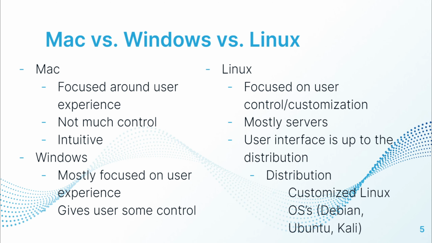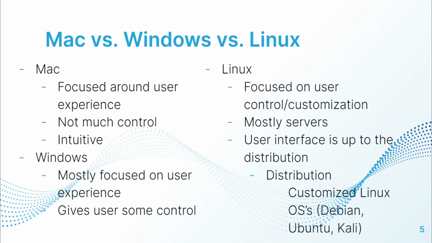The three most popular operating systems used today are Mac, Windows, and Linux. To compare them, Mac is focused around user experience, which makes it very intuitive, but doesn't give the user much control. Windows is mostly focused on user experience and gives the user some control, but not all control.